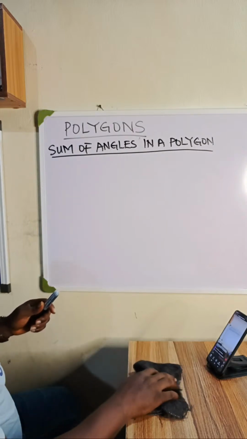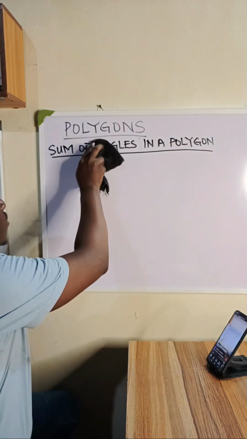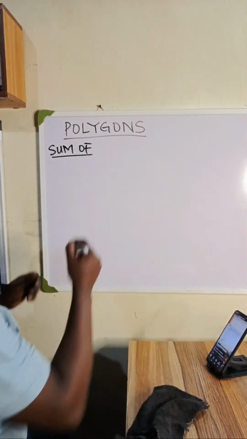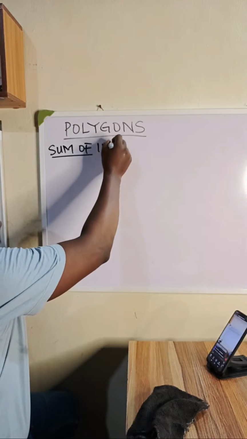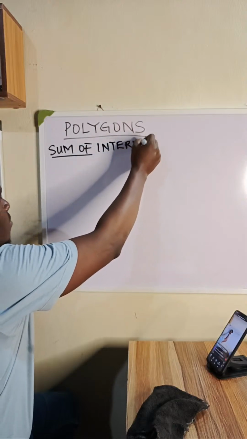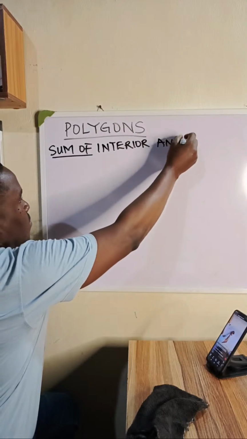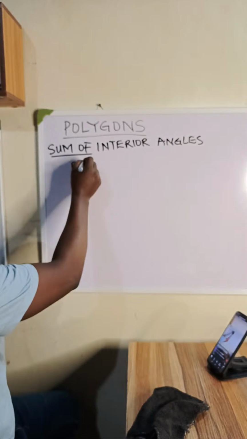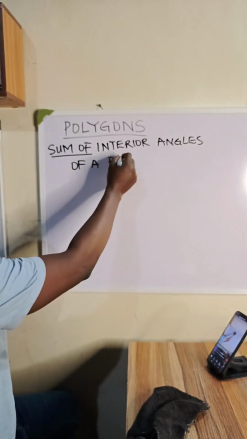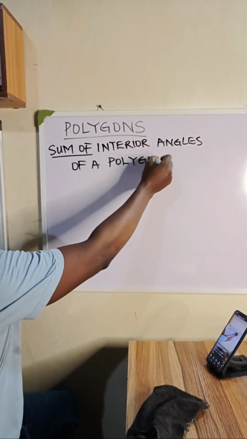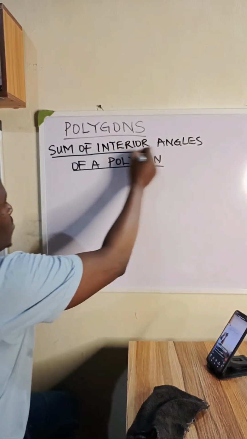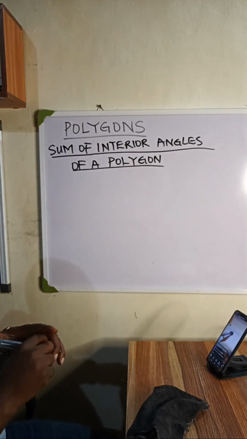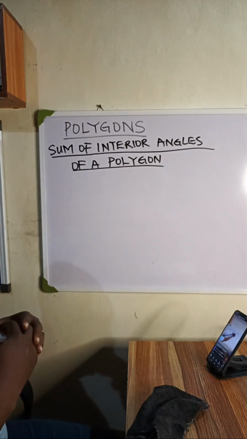I think we should specify interior angles because we also have exterior angles. Sum of interior angles of a polygon. So polygons have interior angles, they also have exterior angles.